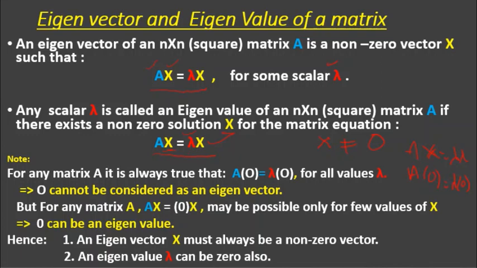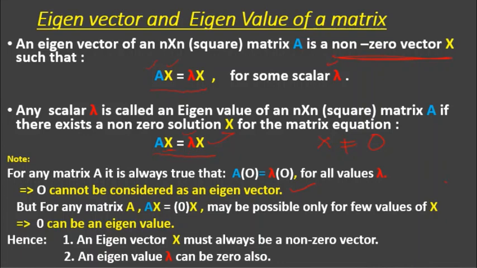Then do you call 0 an eigenvector? No, because this is always true for all values of lambda. But what is the eigenvector definition? It is a non-zero vector. That is why 0 cannot be considered an eigenvector. An eigenvector can never be 0.